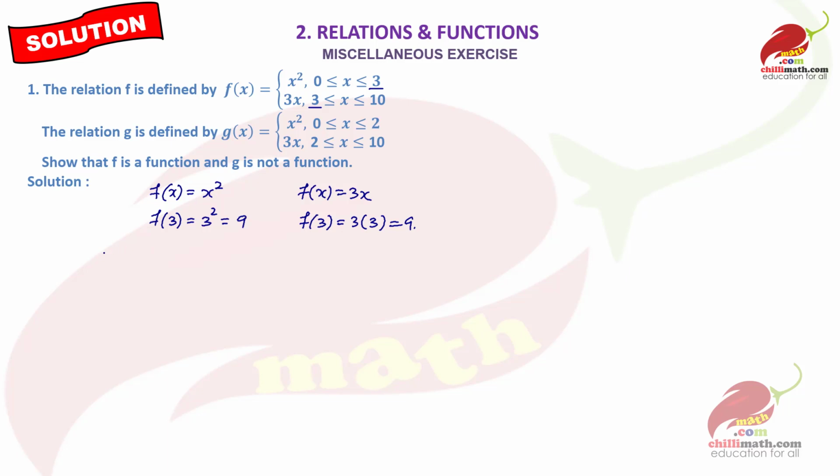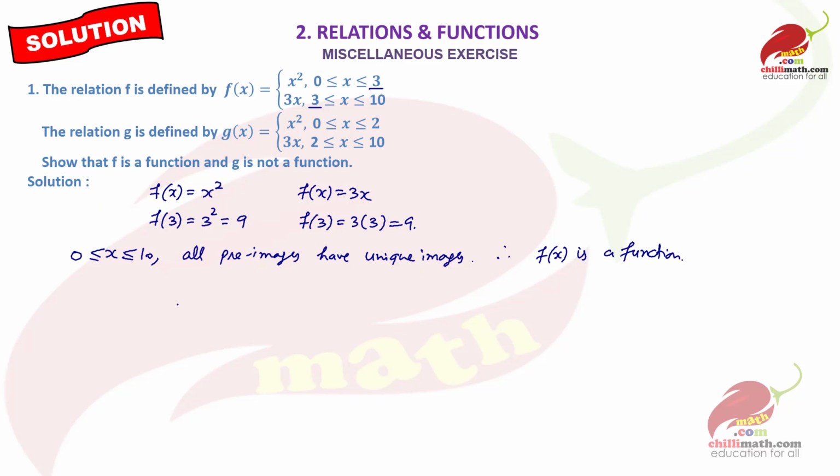So we can say that from x, that is from 0 to 10, all pre-images have unique images. Therefore, f(x) is a function. Okay, no need to write all the points, because when we have to say yes it's a function, we say it generally.